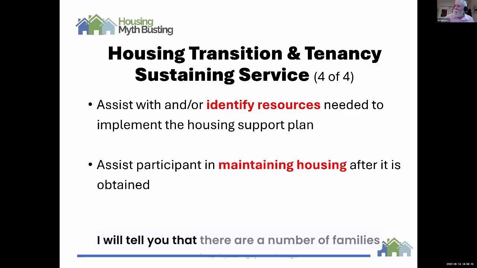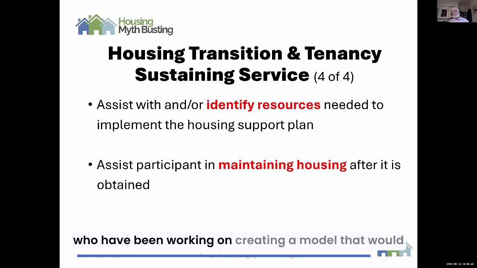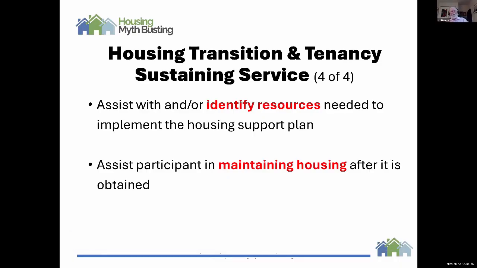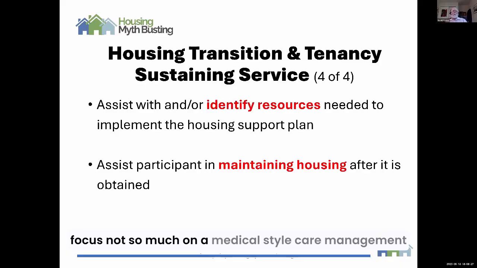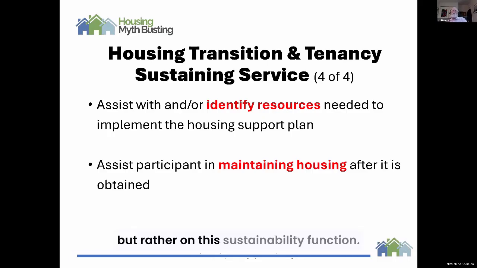I will tell you that there are a number of families who have been working on creating a model that would focus not so much on a medical style care management, but rather on this sustainability function. Two of the parents have actually started their own pilot project, and have agreed to let me give out the email address.